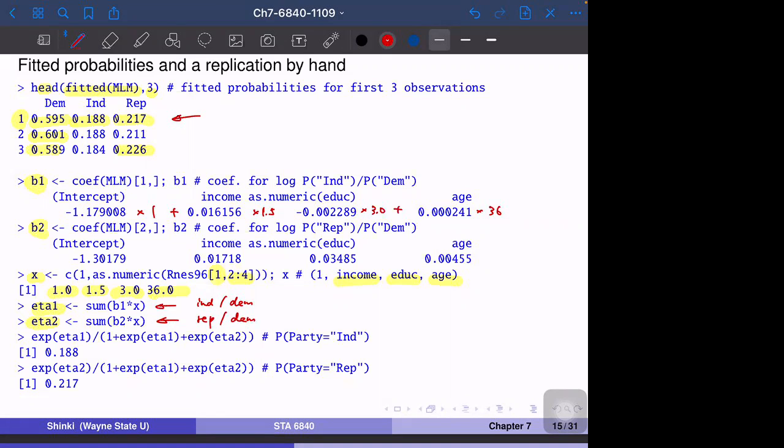Using this we can transform to calculate the probability of independent, and the probability of Republican. Then we get the same numbers as here. The remainder, 1 minus the sum of these, becomes the probability of the Democrat.